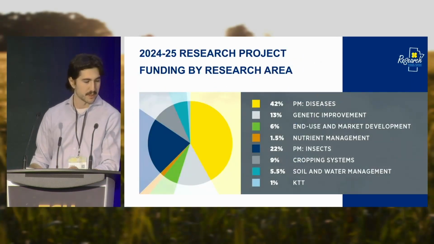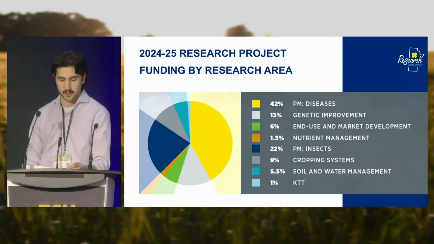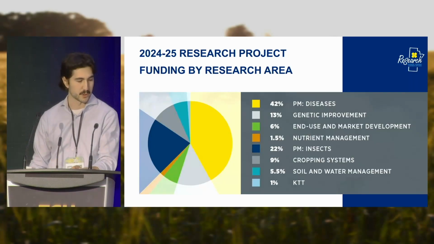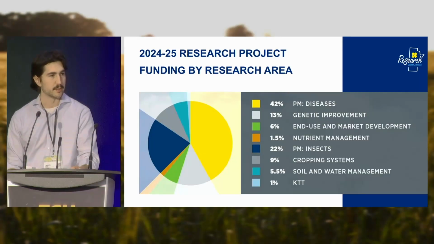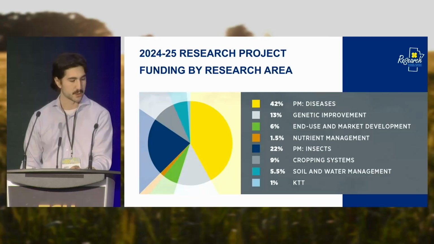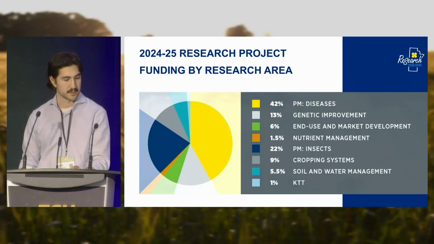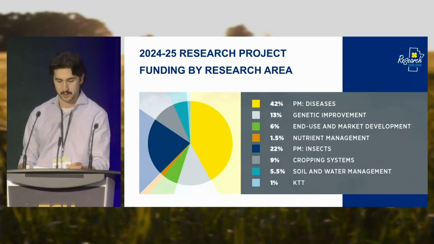As I said, diseases constitute a major part of that focus at MCGA. Up to 42% of our funding goes towards research on diseases, followed by 22% on insects, 13% on genetic improvement, and less than 10% for the rest of those categories.